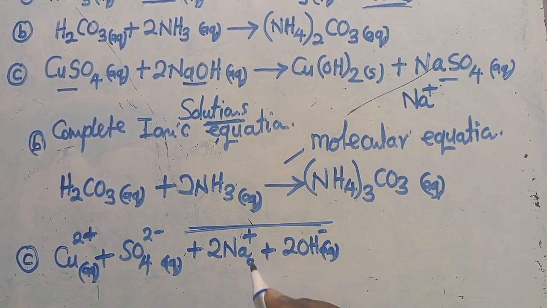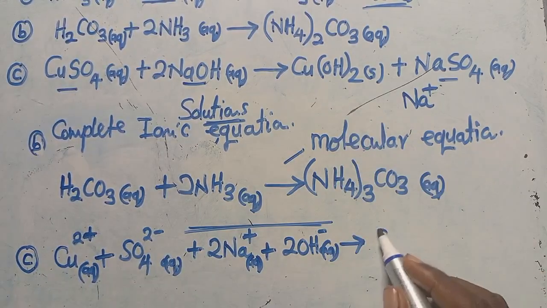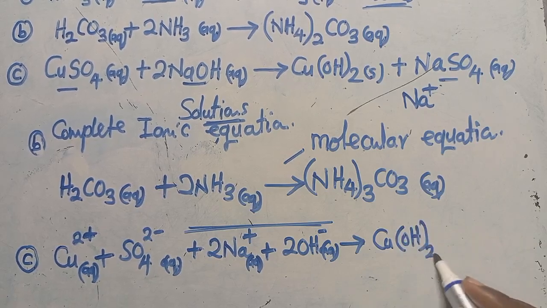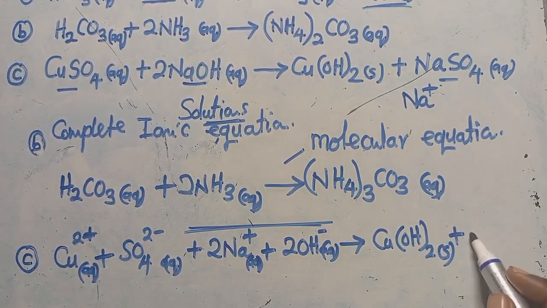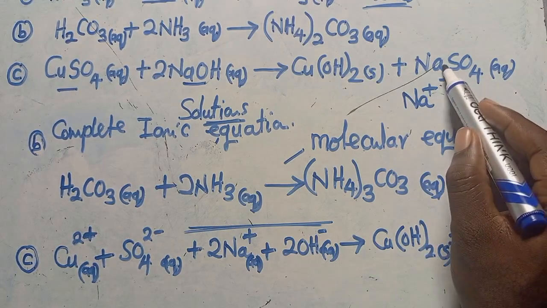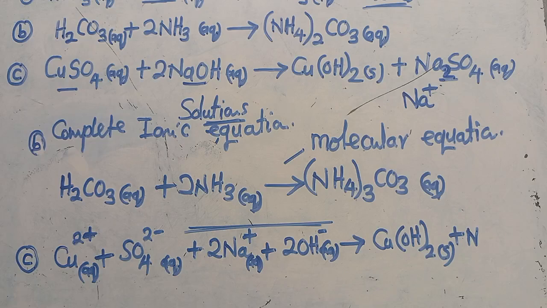Even here I put aqueous, giving me copper hydroxide. This one is a solid, so I have no need of separating it, plus sodium sulfate, which needs to have a 2 there.